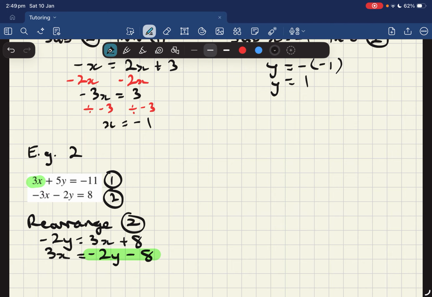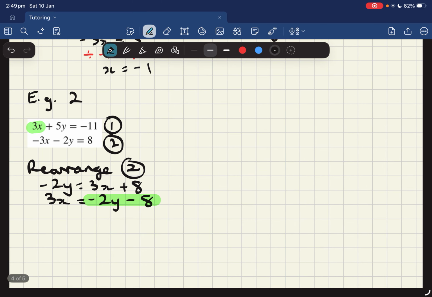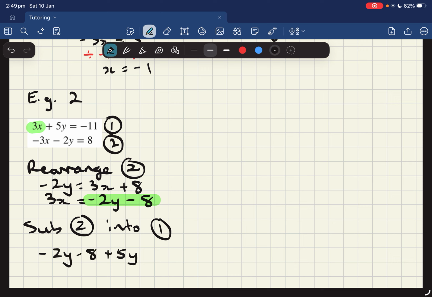Now what I'm going to do is sub equation 2 into equation 1. So instead of writing this 3x, I'm going to write minus 2y minus 8 plus 5y, because I'm writing the rest of it the same, equals negative 11.